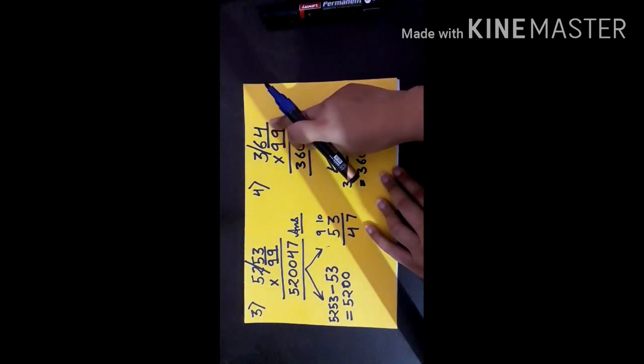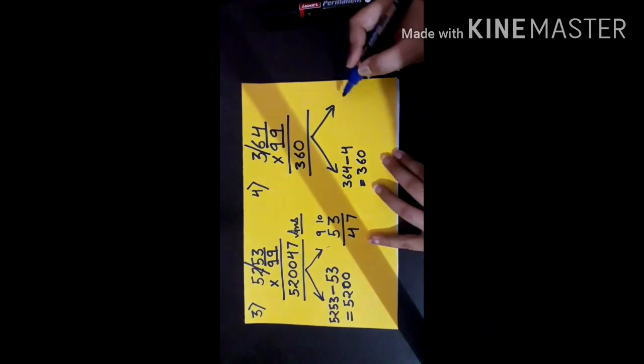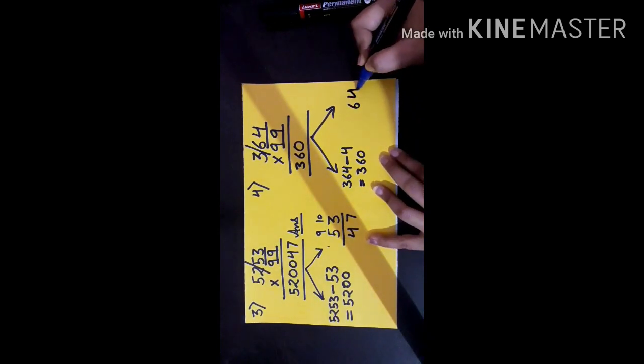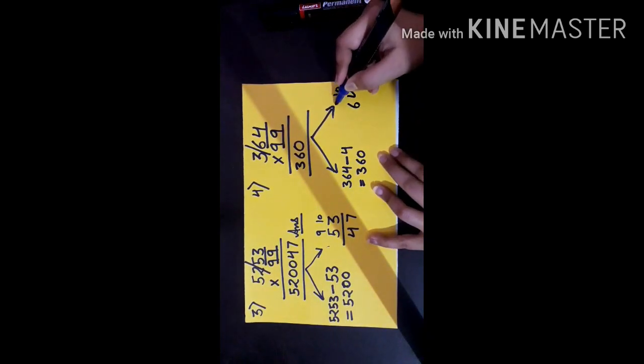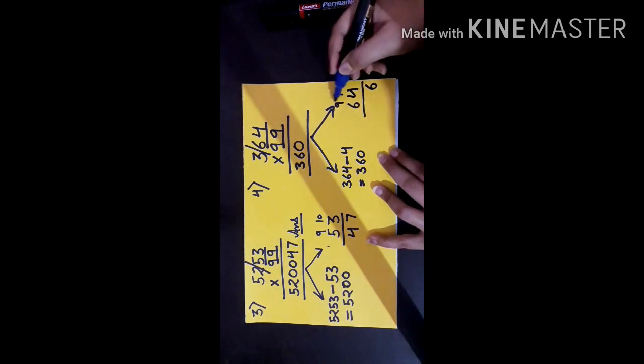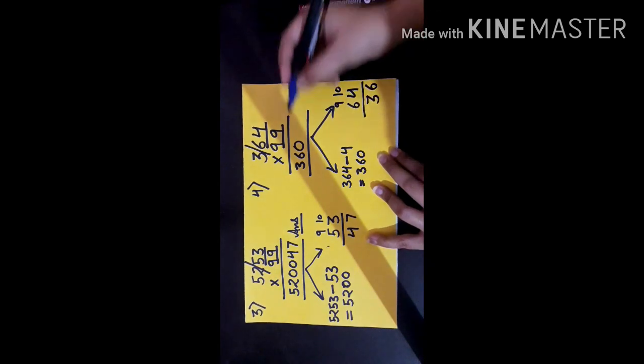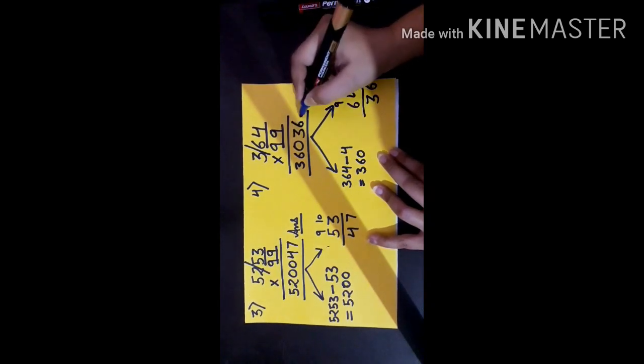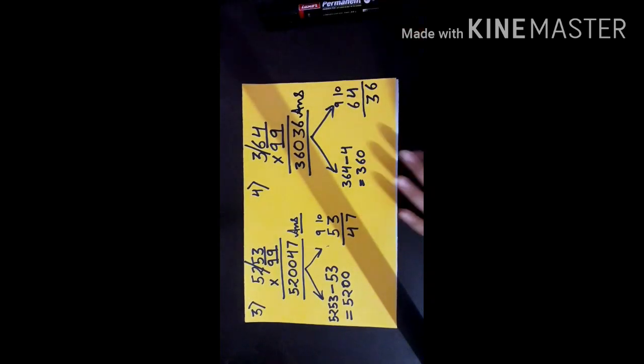Now what is the rest part? 64. Now the last from 10 and others from 9. 10 minus 4, 6, and 9 minus 6, 3. So here is 36 and this is your answer. See how easily you can do it, students.